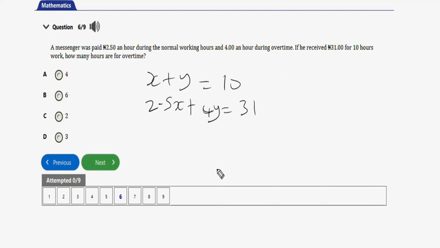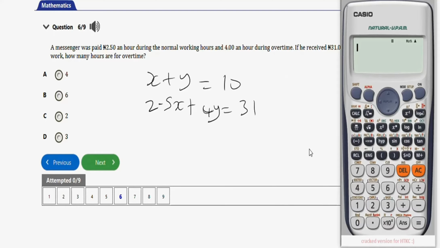So let's open a calculator and solve this simultaneously to get our results. So this is a calculator. You go to simultaneous equation, option 5, then 1. For equation 1, we have the coefficients to be 1, 1, and the constant is 10.